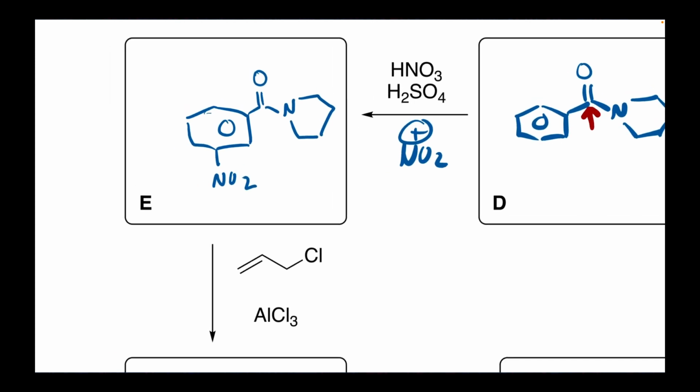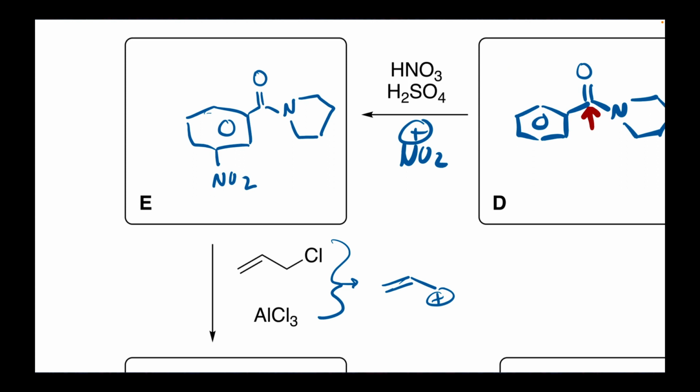We have this molecule with a chlorine, an sp3 carbon-chlorine, and aluminum trichloride. And that's going to put on what kind of group? This makes that plus charge.